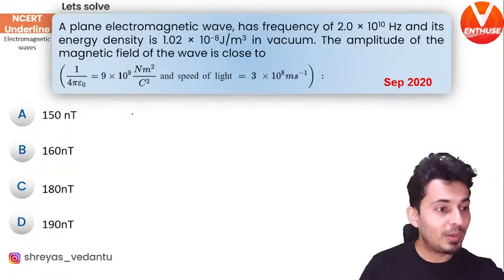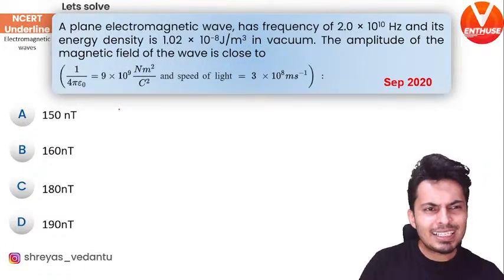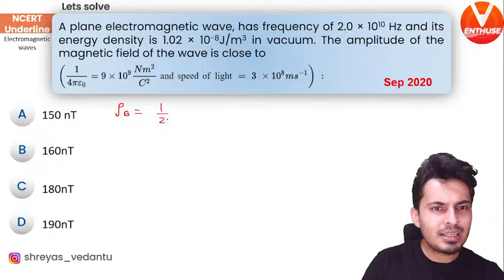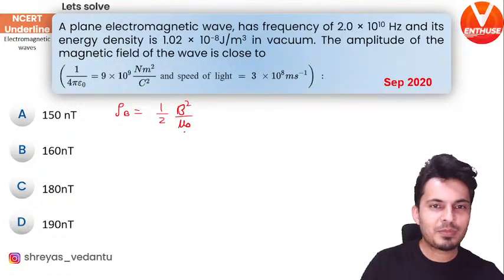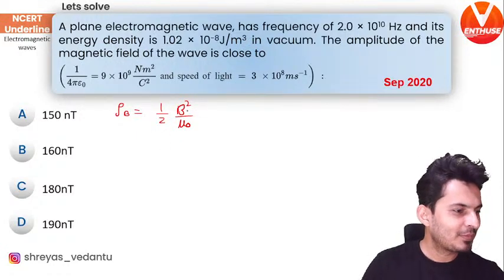Think which formula we are going to use. Guys, energy density is given. Energy density of magnetic field is half B square by mu naught. There you go. You already have that formula.